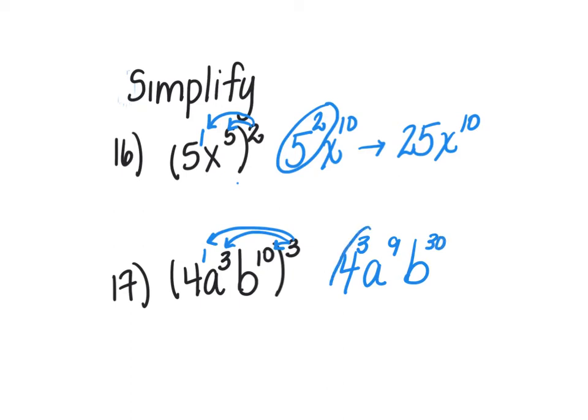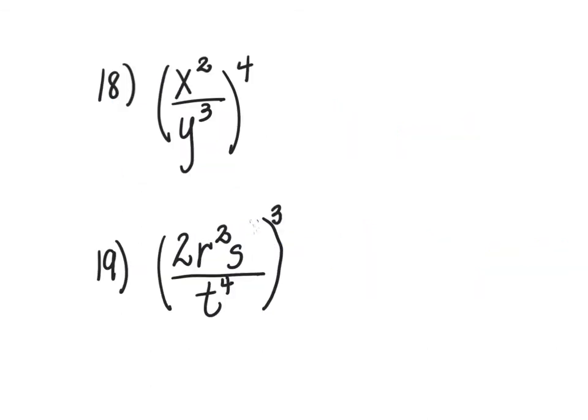Now 4 to the third, that's a small enough number that I can convert that. 4 to the third is 64. So I'm going to write it as 64, a to the 9th, b to the 30th. Number 18, we have x squared over y to the third, all raised to the fourth power.